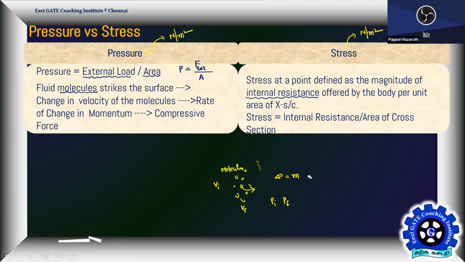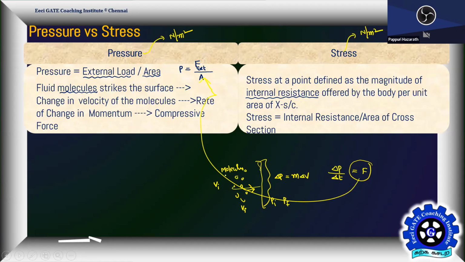Due to change in velocity, change in momentum comes into the picture. Rate of change in momentum is nothing but force. The magnitude of this force acting per unit area of cross-section is called pressure.